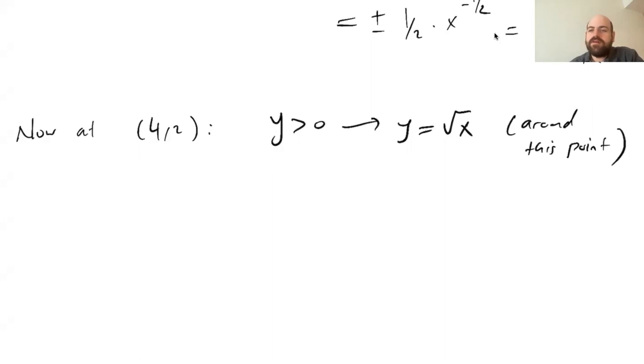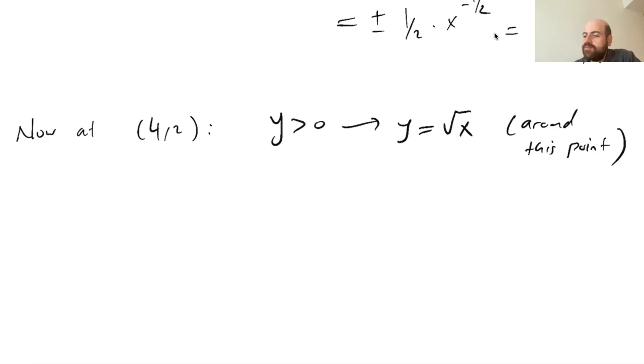Right? We said y equals plus minus root x, but minus root x is rejected here, because if it's minus root x, then the y value will be negative, since root x is positive. But here the y value is positive. So we can say y is root x.